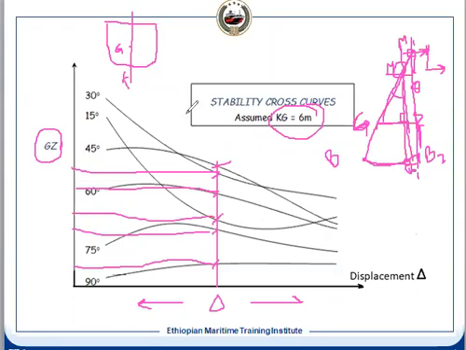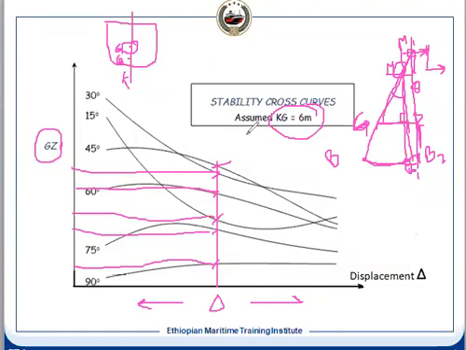Now, the actual KG might not be here. This is assumed. Suppose G has shifted because of the loading condition. For example, you have loaded iron ore in a bulk carrier. What will happen? G will shift because iron ore is heavy cargo. It will be at the bottom. So in that case, what will happen? We'll have to make a correction to get the correct GZ.